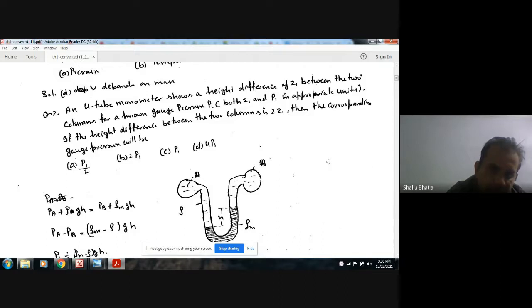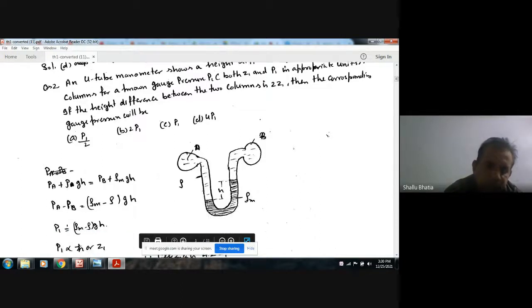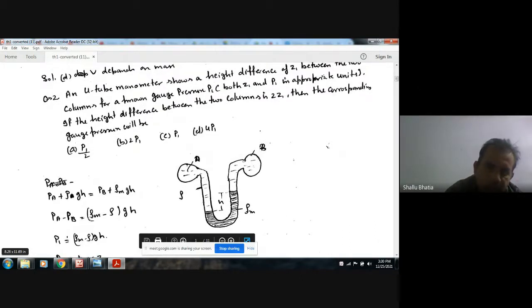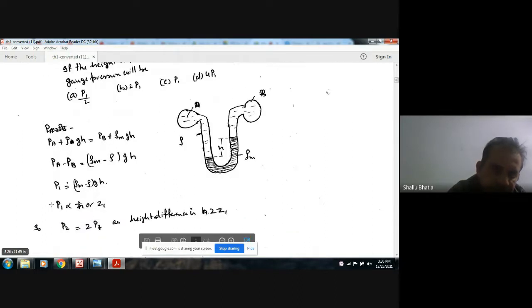So the difference will be PA minus PB is equal to rho M minus rho times GH, which means the difference of pressure between these two will depend upon H, or if it is Z1, then it is Z1.